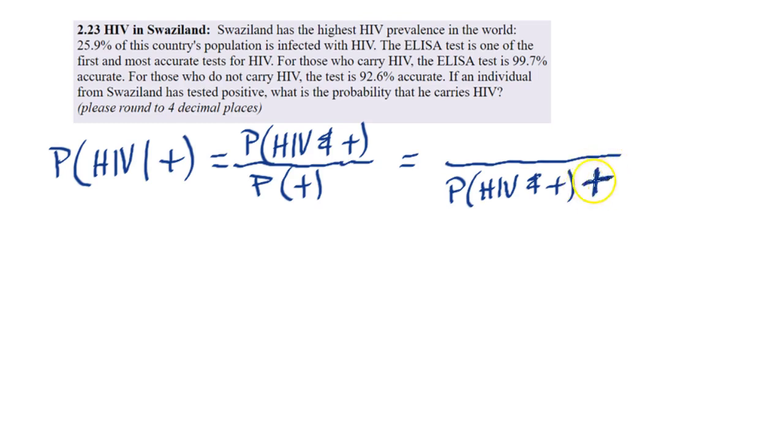We're adding this result with the probability that they have no HIV and they're negative. It's either one of those results, and that's the and they're positive. Those are the two different ways that we could get positive. Either they have HIV or they don't have HIV, but either way, they're going to be positive. That's the only way you can get a positive result, through these two different ways.